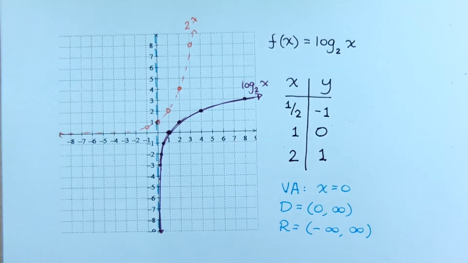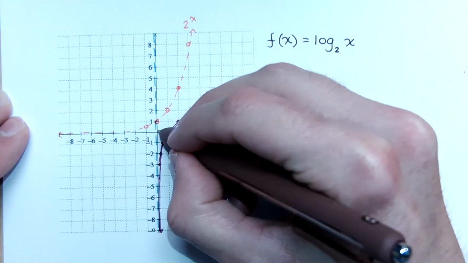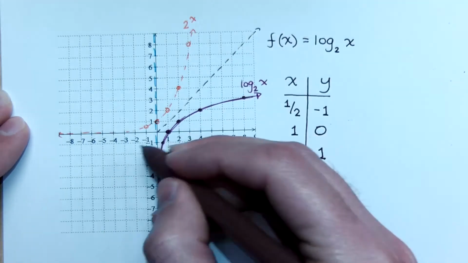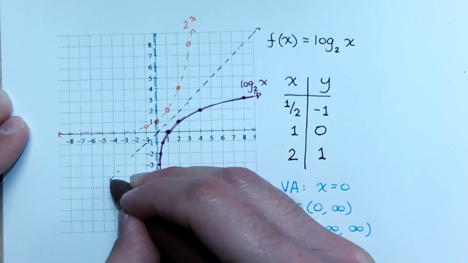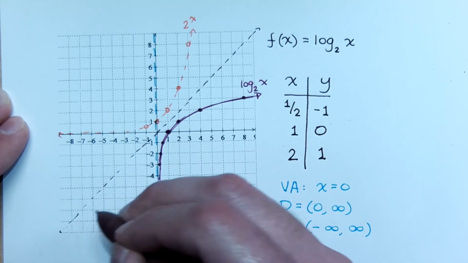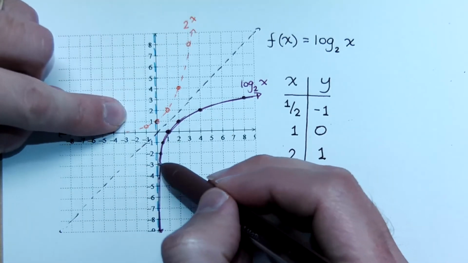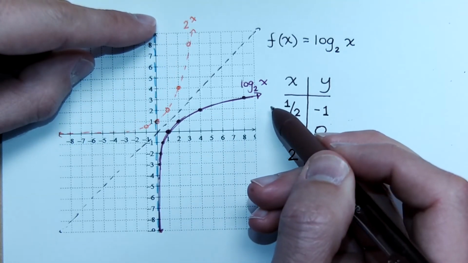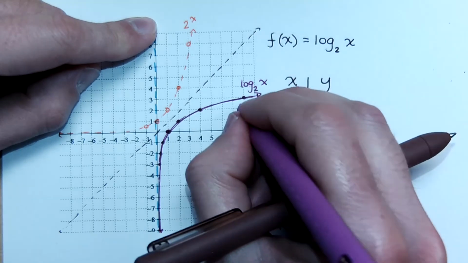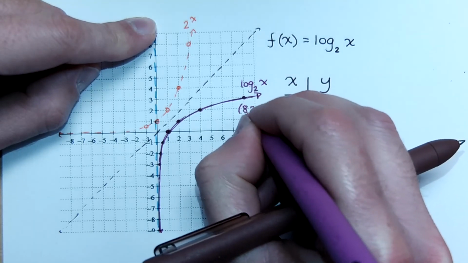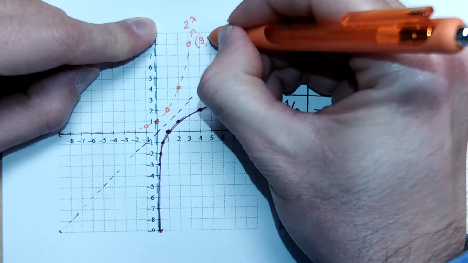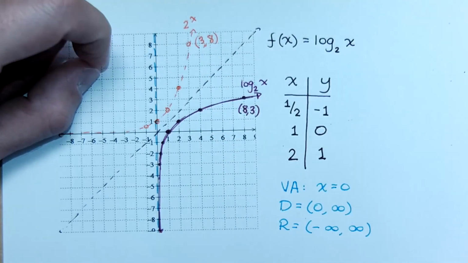And if you remember from the stuff that we did before, if you were to draw your identity function through this, we see how a function and its inverse should be mirrored across your identity function. You guys see that? So over here, when I have the ordered pair 8, 3, that matches up with the original ordered pair of 3, 8.